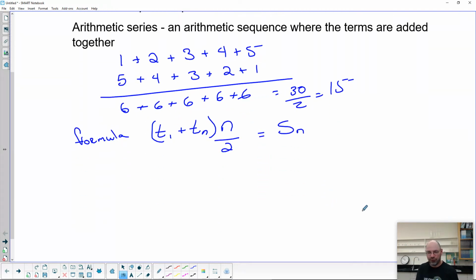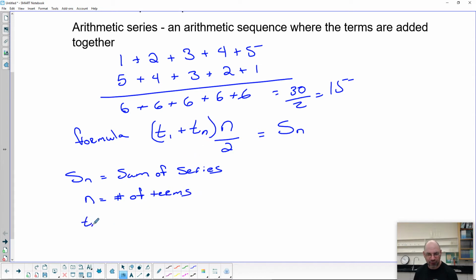Okay, so we'll define everything. Sn equals the sum of the series, and it's arithmetic. n is the number of terms. Tn is the nth term of the series, or the last term usually that you're going to add up to.